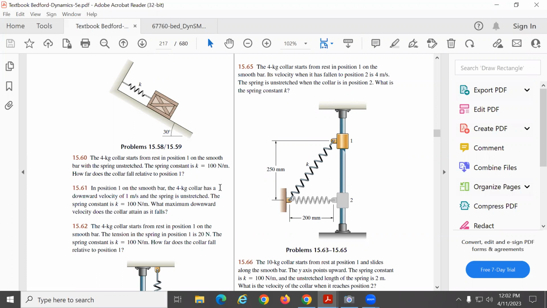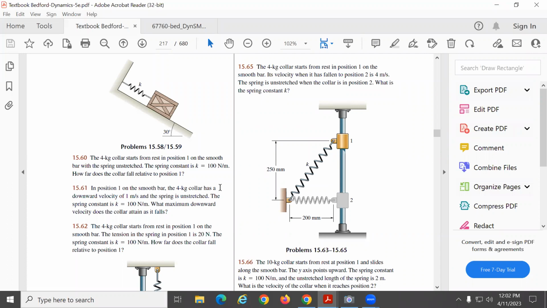All right, so. I think this one, since we did the other one, should be straightforward. I don't know what we need to solve for, but. My figure is not good at all, but what can we do? The collar is 4 kilograms.